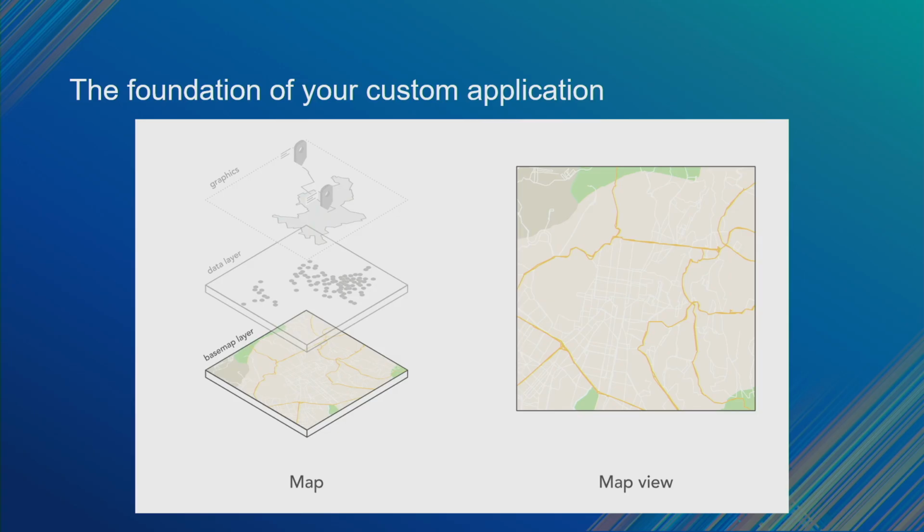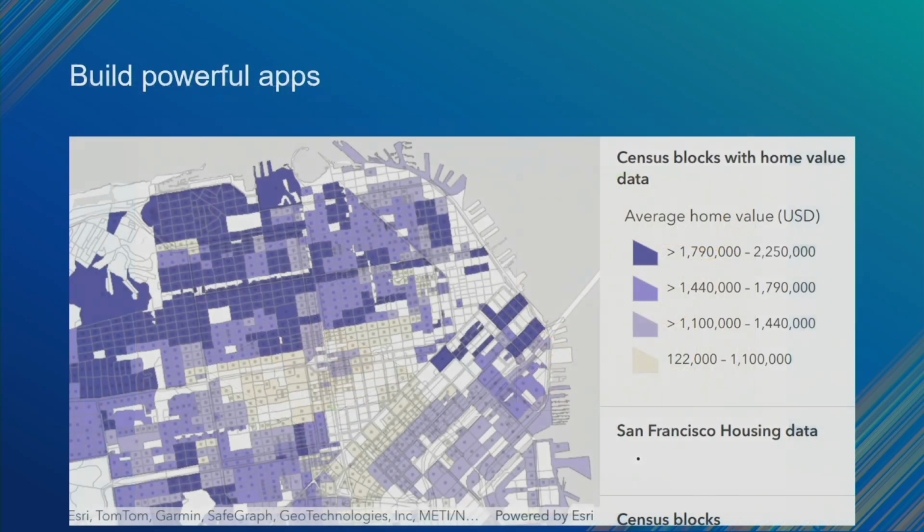I think of the basemap as the blank canvas that you build your app on top of. You can load anything you want on top of it, but it's super important to have a solid understanding of how the foundation works.